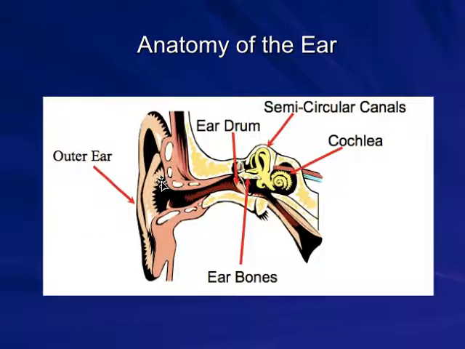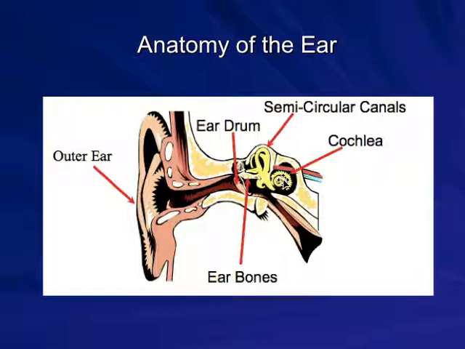So how does the ear work? Well, those sound pressure waves enter the ear. The air funnels that sound into the ear canal, and at the end of the ear canal we have the eardrum. The eardrum is connected to a series of three bones that carry sound vibrations to the cochlea. The cochlea is a kind of circular shell device that's filled with fluid, and in there are also tiny cells that have tiny little hairs.